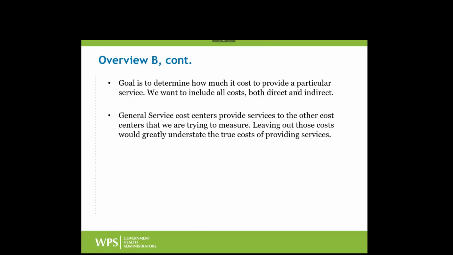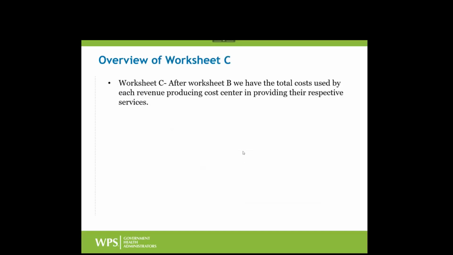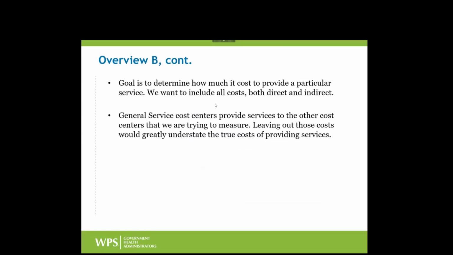So again, we want to find out how much it costs to really provide a particular service, both the direct costs and the indirect costs. Now, we'll get into worksheet B. Basically, it allocates the cost. If you've had accounting before, it's activity-based costing is essentially what's going on in the worksheet B and B-1 series.